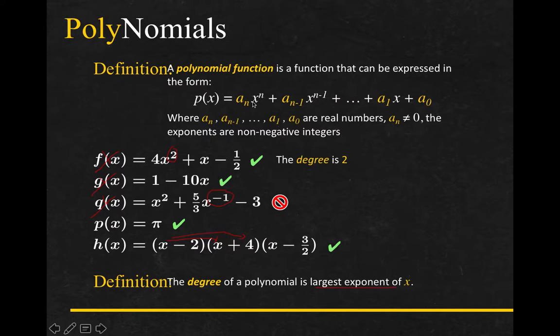The second one is a degree of 1 because the largest exponent is 1 on top of the x. This one is a degree of 0 because we don't have an x, so x to the power of 0 is 1, and it's gone. It doesn't appear. Now this one, since I have x times x times x, that's x cubed. Remember we talked about how x cubed represents x times x times x. That tells me that the degree is 3. So this is a degree of 2, this is a degree of 1, a degree of 0, and a degree of 3.